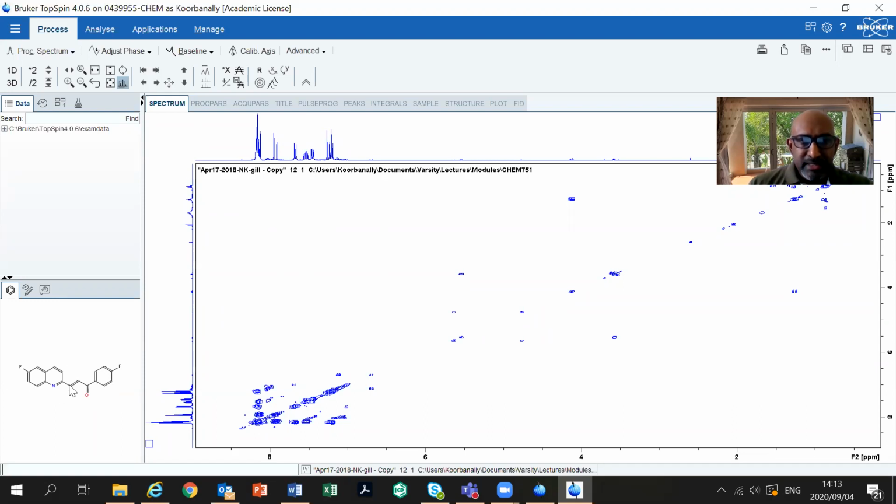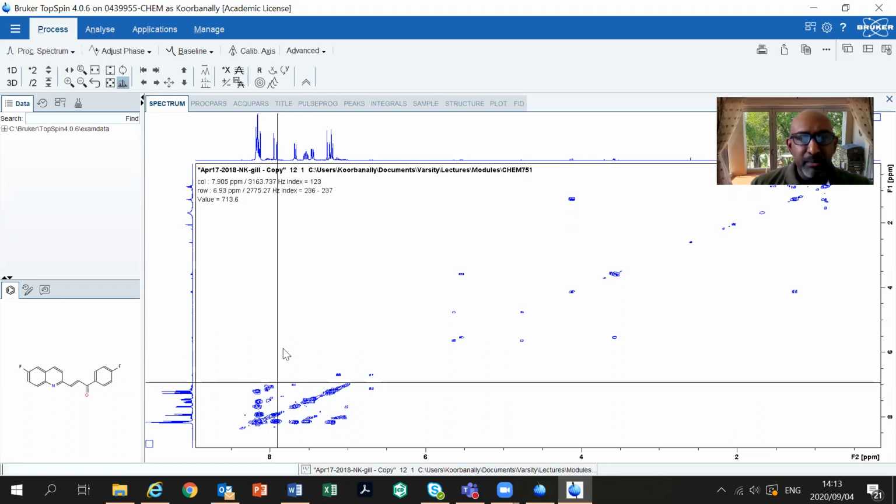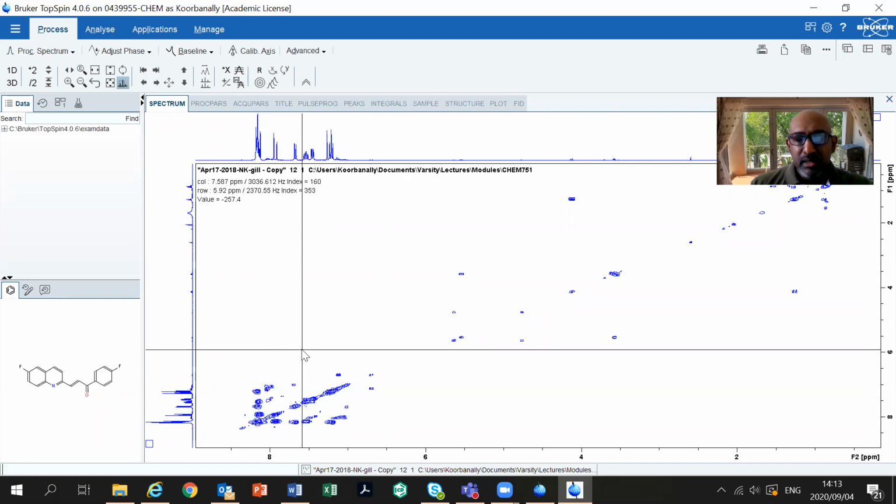Some protons couple other protons. You see that because we had coupling constants and worked with doublets and triplets. In order to get a doublet and a triplet, something will need to couple it, something will need to have an impact on the magnetic resonance of a particular proton and either subtract or add to it, like we've done in undergrad. This spectrum just tells you where the correlations lie.